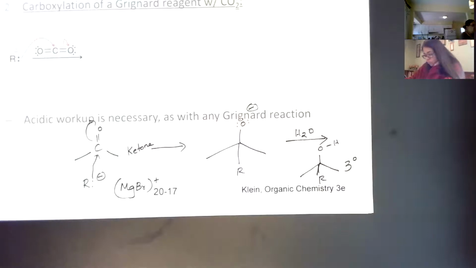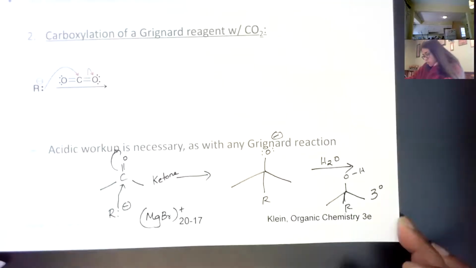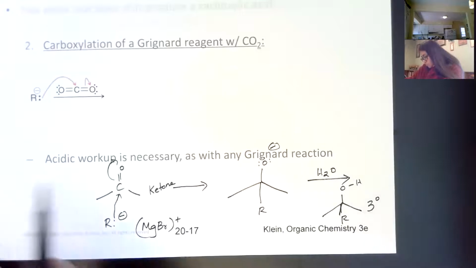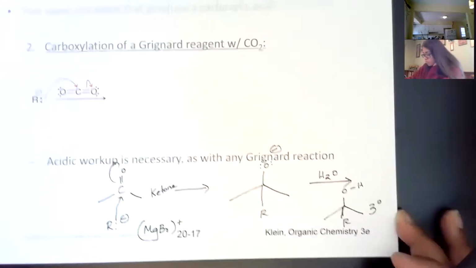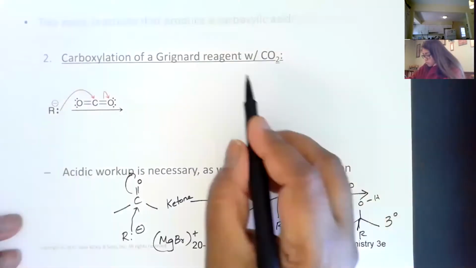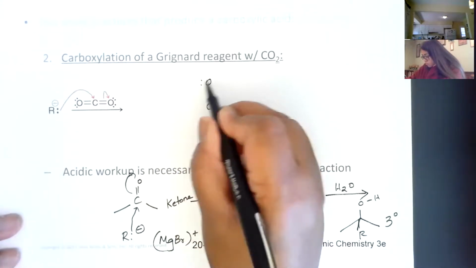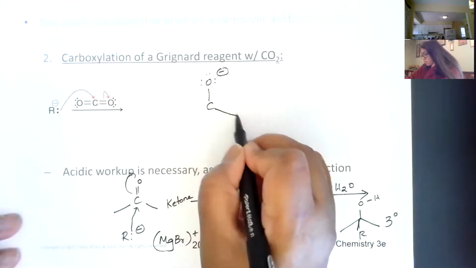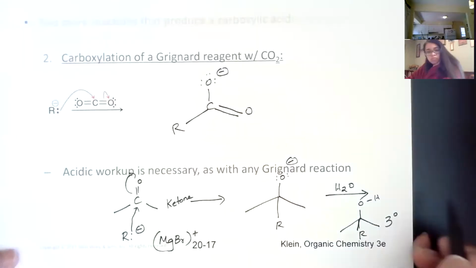But if you want a carboxylic acid, then you use CO2. One carbonyl is converted to the OH group. The other carbonyl is retained. Isn't that amazing? I think so. See that? That's clever.